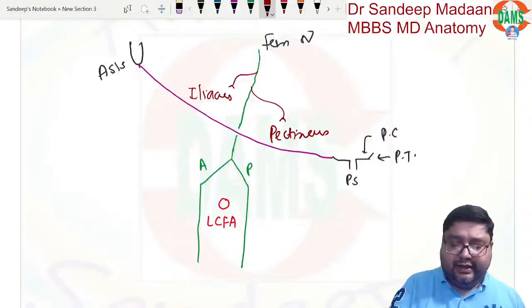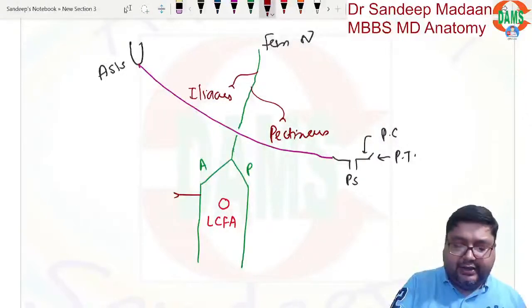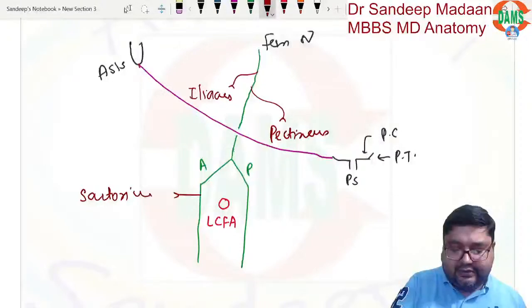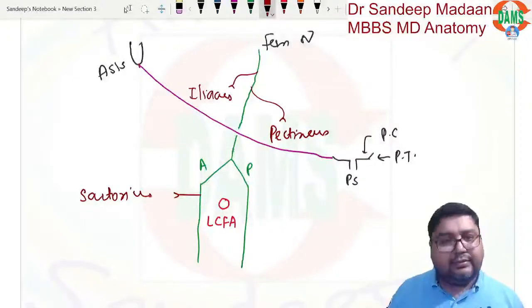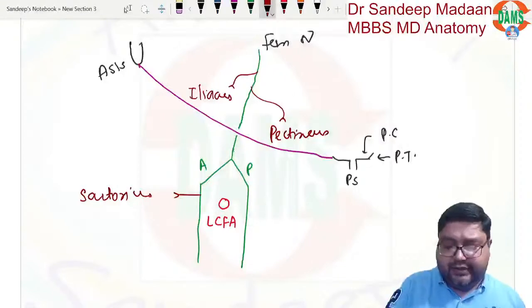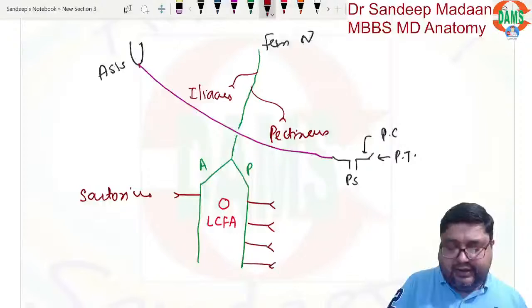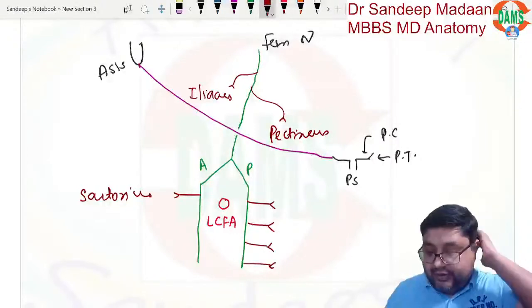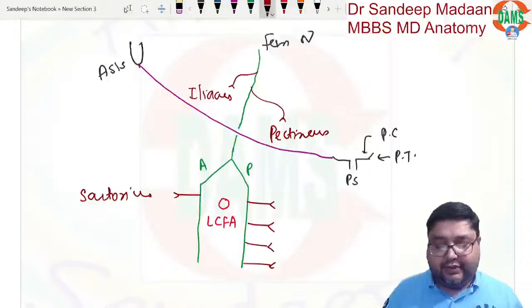But then it will give one branch from the anterior division to the muscle sartorius, and four branches from the posterior division. These four branches are for the quadriceps femoris.